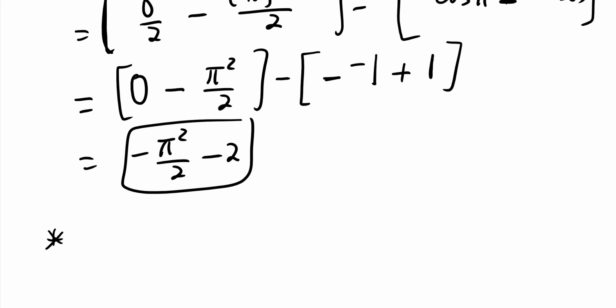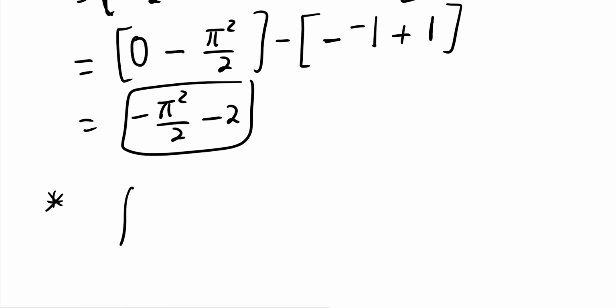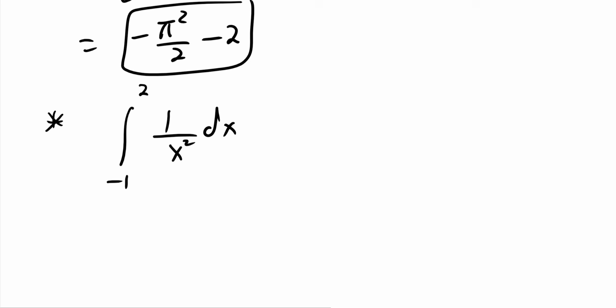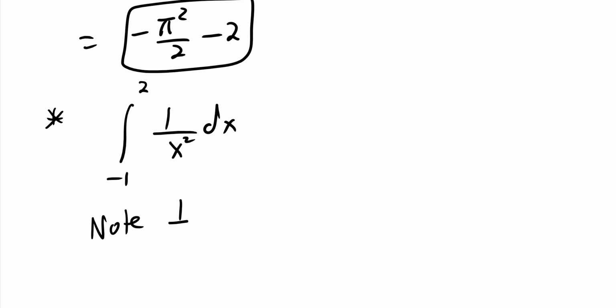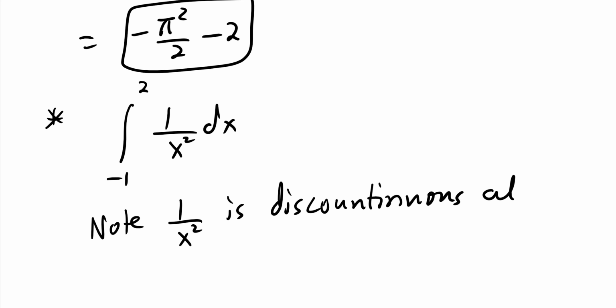As a note, let's say we're asked to evaluate an integral from negative 1 to 2 of 1 over x squared dx. One thing to note about this function: 1 over x squared is discontinuous at x equals 0. Notice how we're working from negative 1 to 2, and 0 is part of that interval.